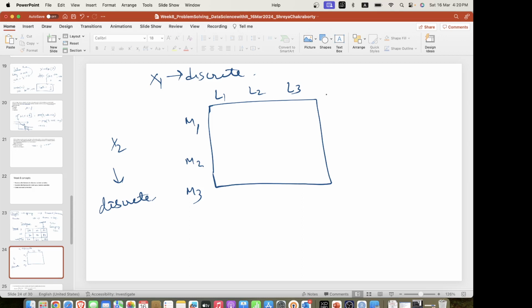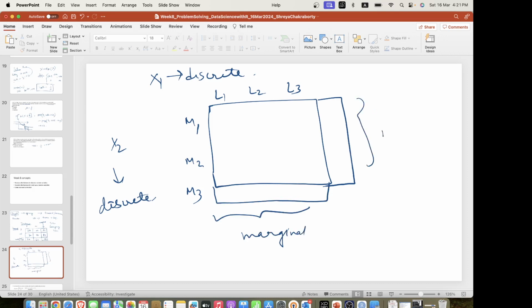And if we add it up in the margins, these would give me my marginal distributions. And we could also have some conditional distributions. So we'll solve a few problems and then we'll understand what exactly we mean by this marginal and this thing.